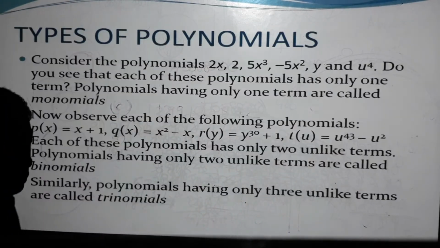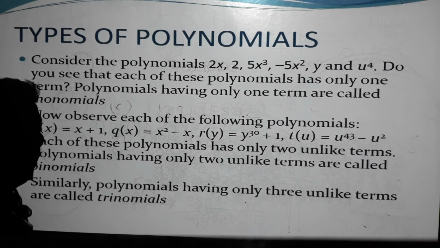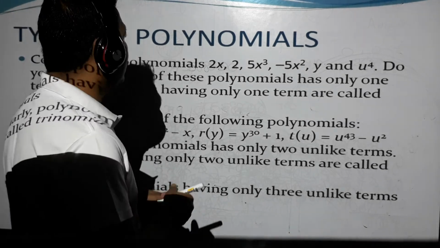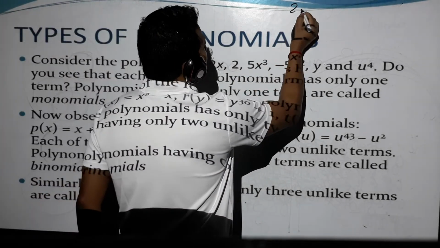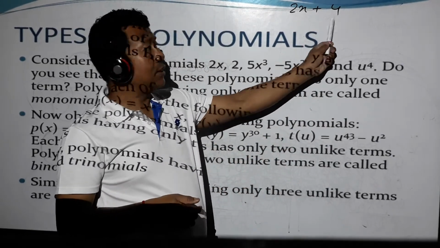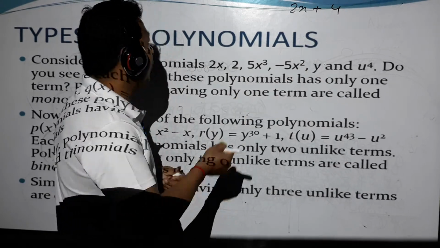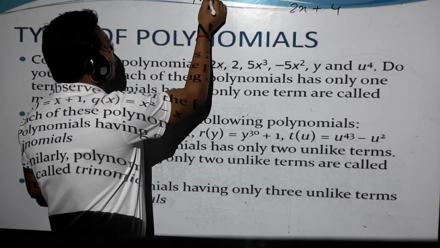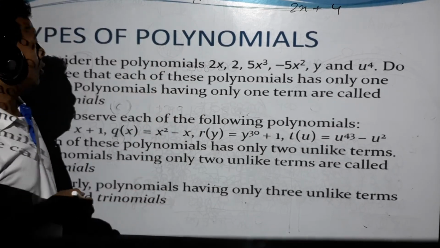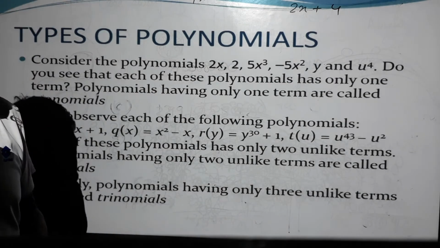Now, let us see types of polynomials. In a polynomial, for example, if we write 2x plus 4, there are two terms. How many terms are there? Two terms. And if I write only, say, 7x cubed, it has a single term. So let us see types of polynomials based on the terms.